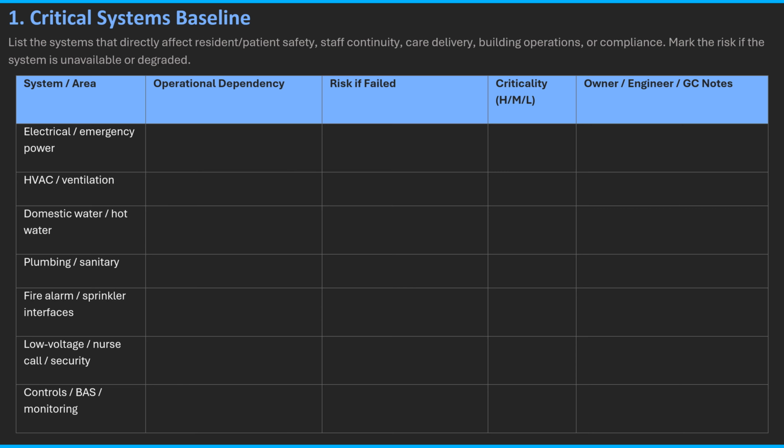Then for each system, ask, what operation depends on this? What happens if it fails? What is the criticality? High, medium, or low? And who owns the next confirmation? This step prevents the team from treating all MEP scope as equal.